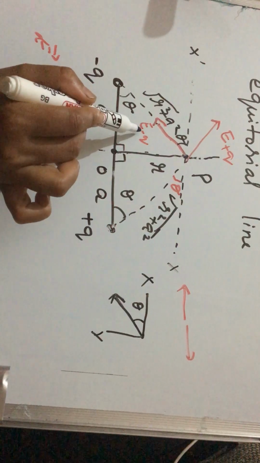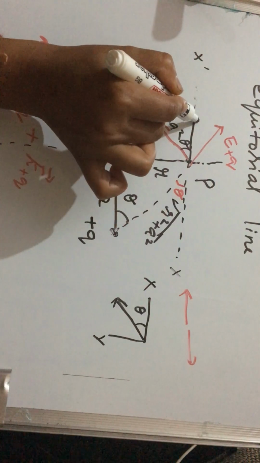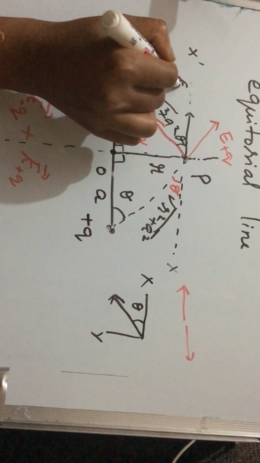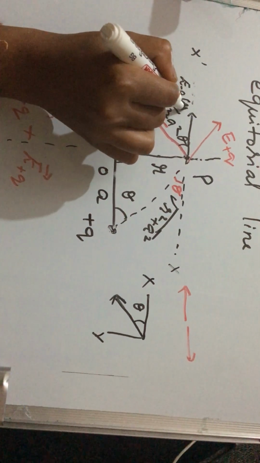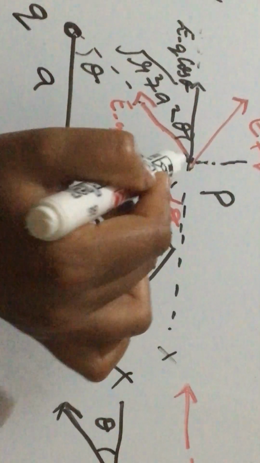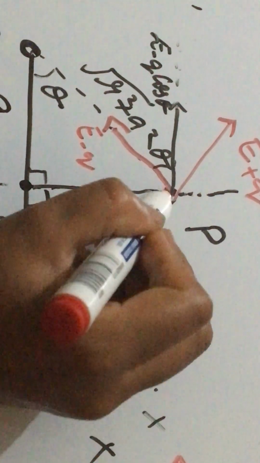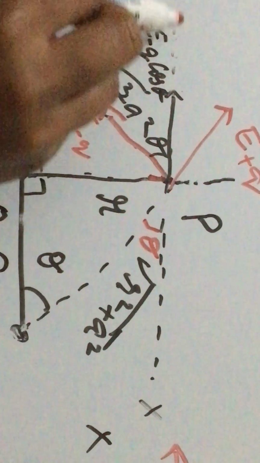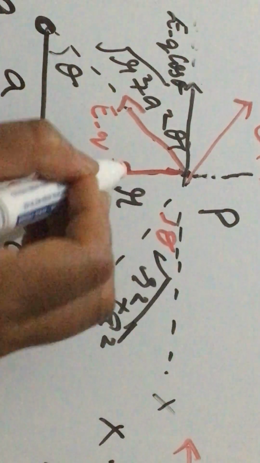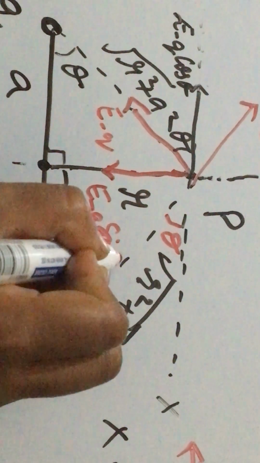So E minus Q, as it bears the theta, the component of E minus Q along the x dash will be E minus Q cos theta, right? Similarly, the other component of E minus Q, perpendicular to x dash, along the y-axis, will be E minus Q sine theta. This comes from the vector.